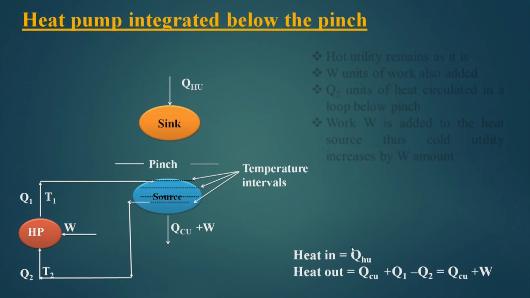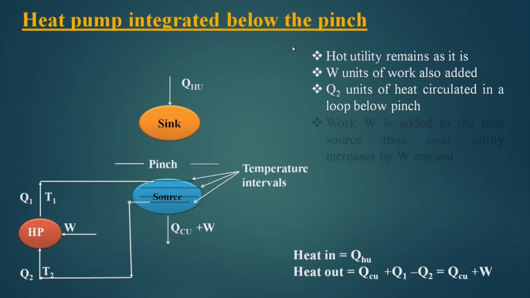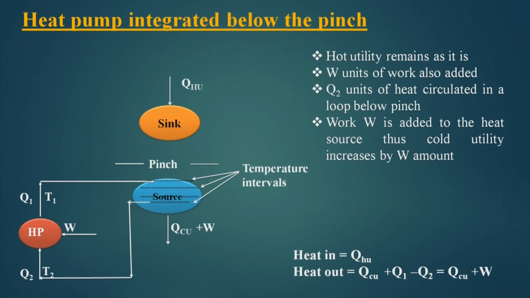So, heat in is QHU, which remains unchanged, heat out is QCU plus Q1 minus Q2, which is equal to QCU plus W. So, hot utility remains as it is, W units of work are also added, Q2 units of heat are circulated in the loop below the pinch and work W is added to the heat source, thus cold utility is increased by W amount.